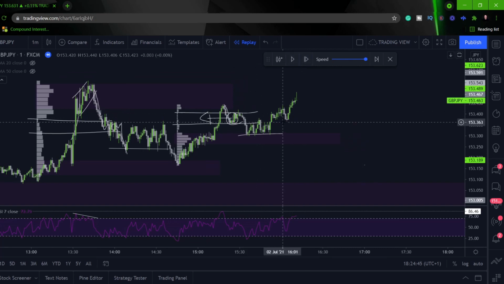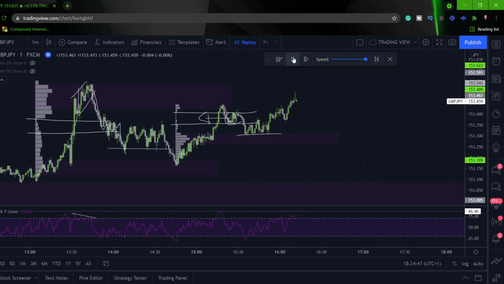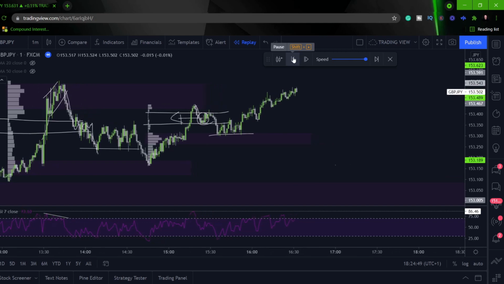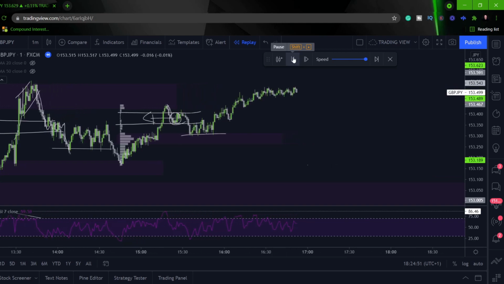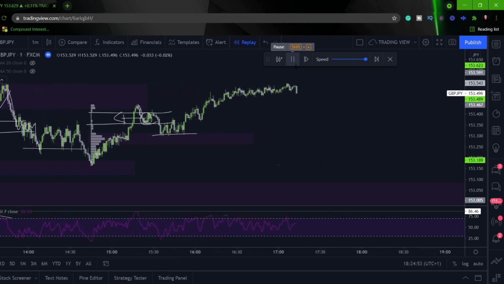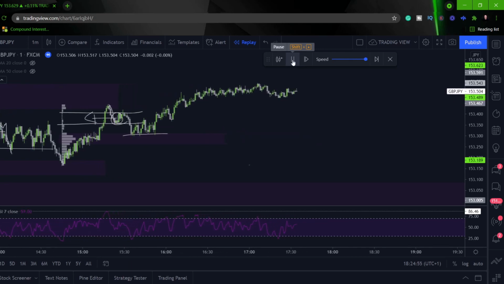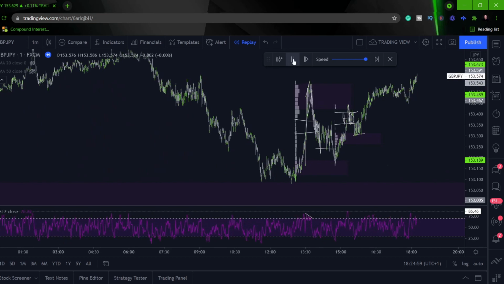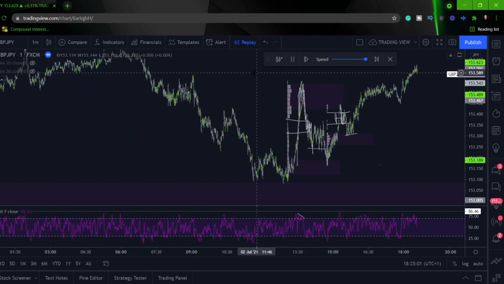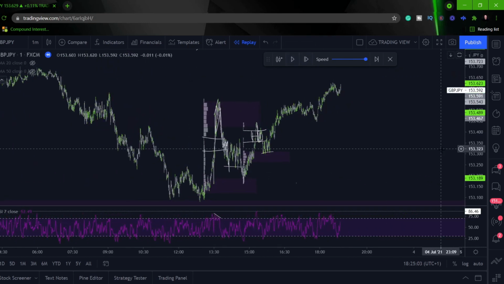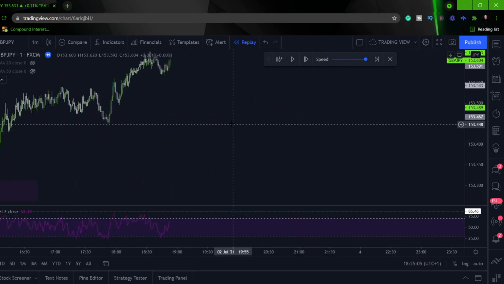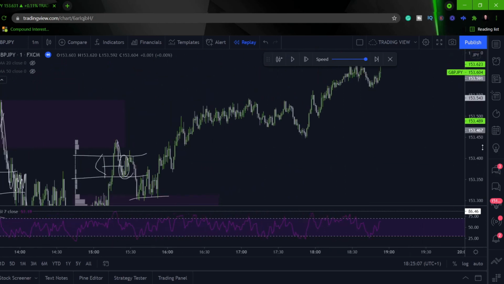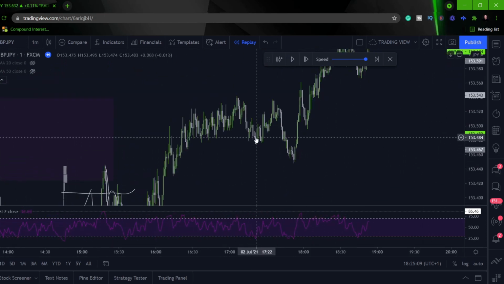Structural highs. I think this is where we are now. Right, even the way price is moving, okay, how is it moving?